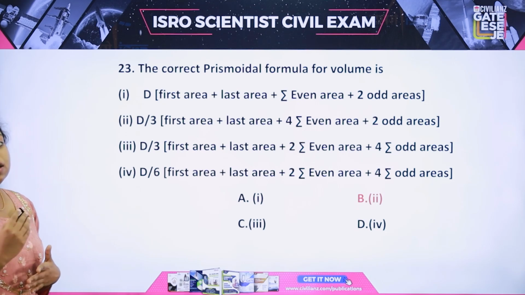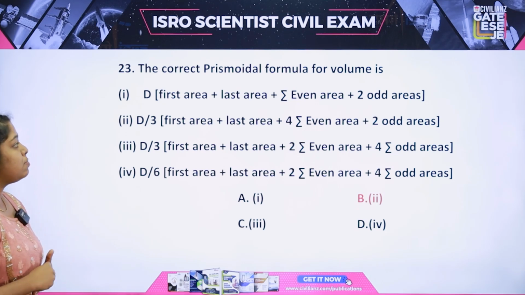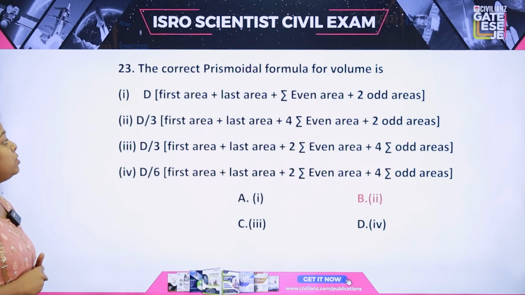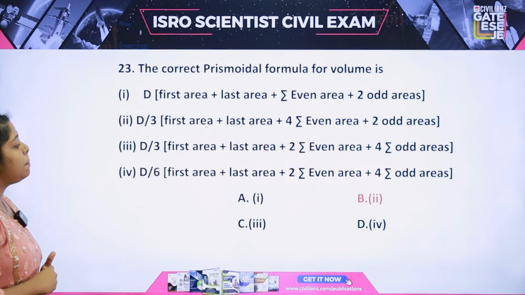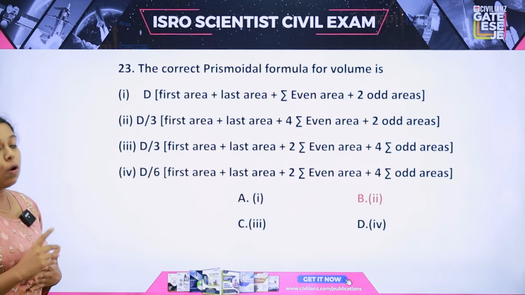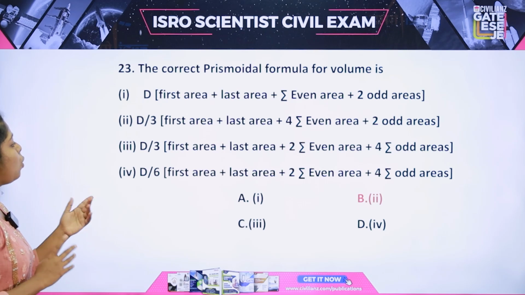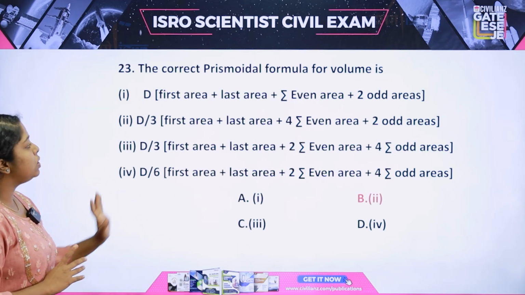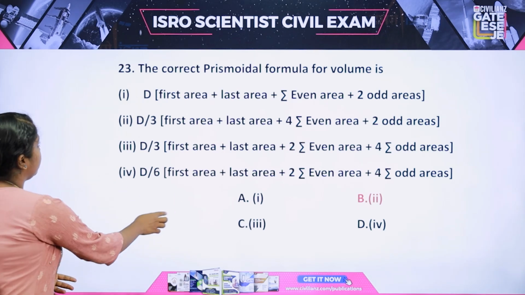We know that in calculating volume using prismoidal formula, D by 3 into first area plus last area plus 4 into summation of even area plus 2 into odd area is the right answer. So option B, that is 2, is the right formula.